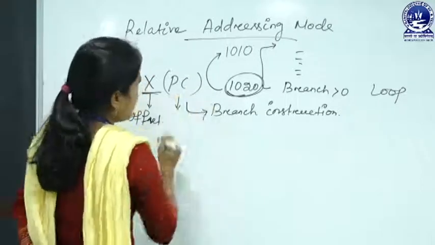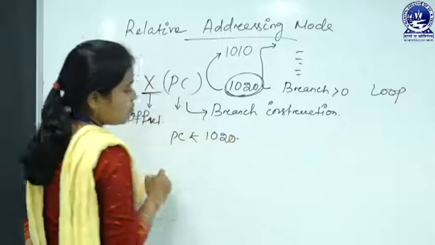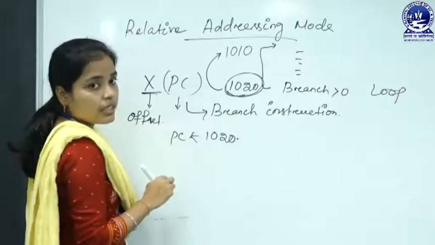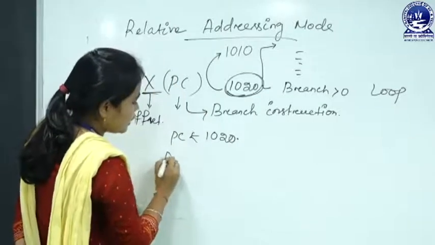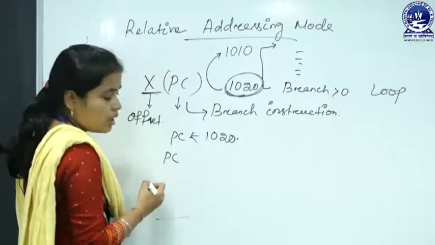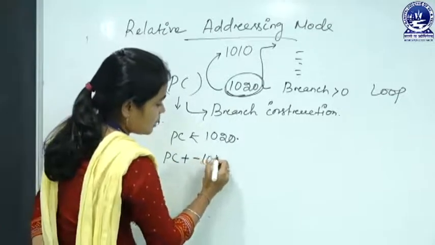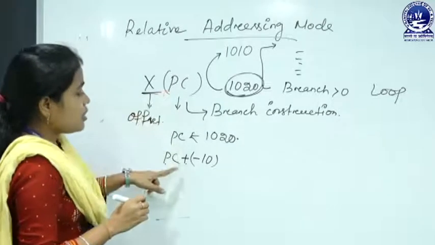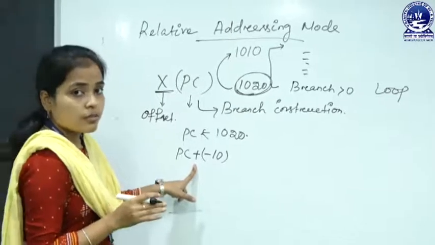Here the PC content is 1020, but the next instruction to be fetched is stored in 1010. So, to go to that location, we have to decrement, or add the PC value with -10. As we know, the system only does the addition operation, it cannot perform the subtraction operation.